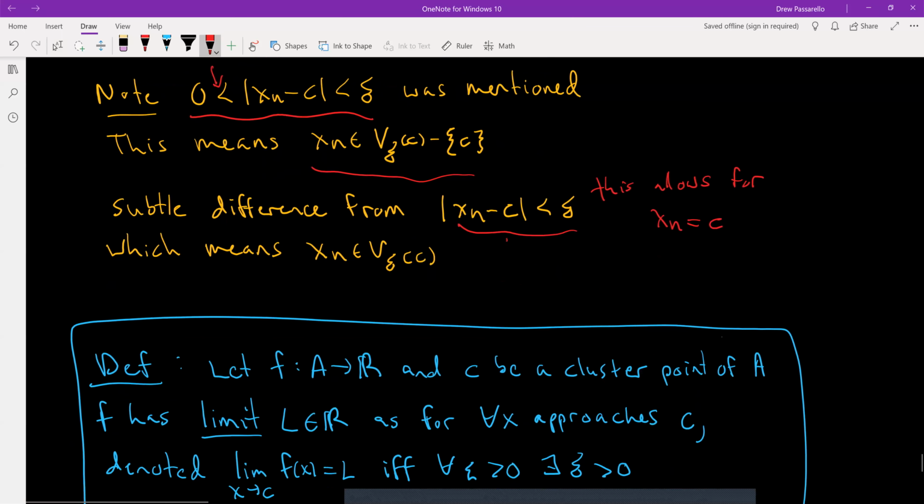All right, so now we've got our idea of cluster points. Now we're going to go into limits of a function.